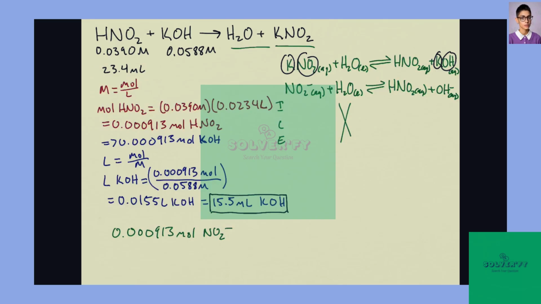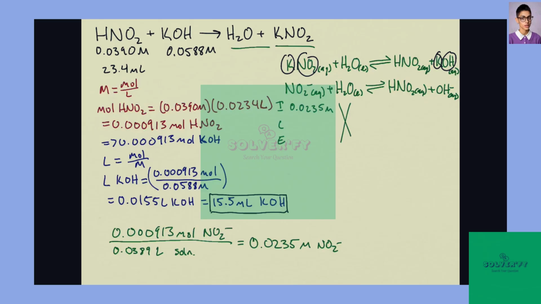If we add those and convert to liters, we get a total volume of 0.0389 liters. This then gives us a molarity of 0.0235 molar NO2 minus. So now we finally have our initial concentration of NO2 minus, which can go in our ice table here.